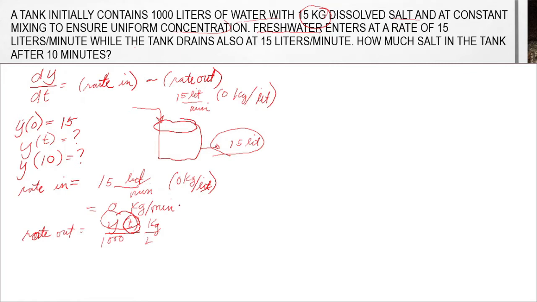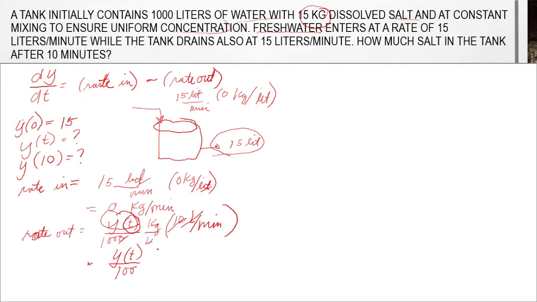So we have to multiply that by 15 liters per minute. So the function of your rate out is equal to y of t over 100.